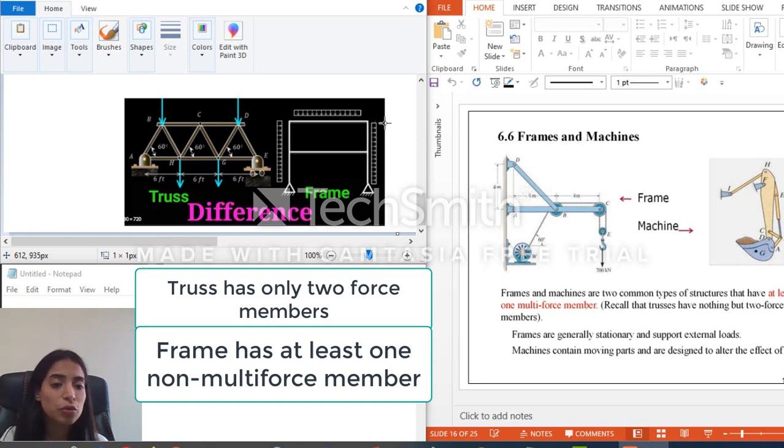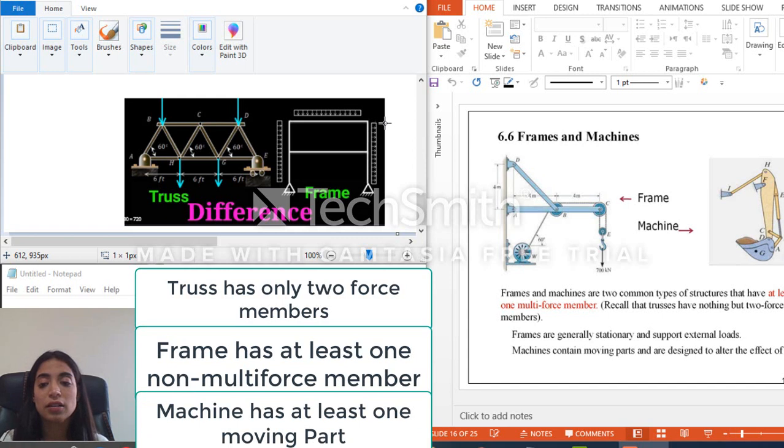Now, what's the difference between truss, frame, and machines? It is, in fact, guys, that trusses and frames are stationary, while a machine has at least one moving part. So I have a pulley, I have a cable, I have at least one moving part in the machine.